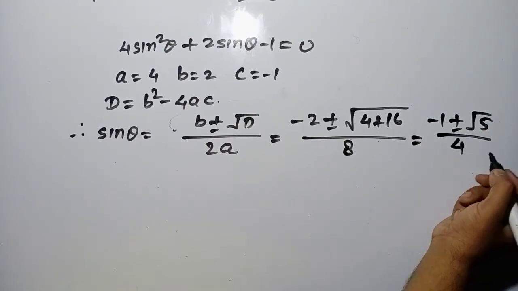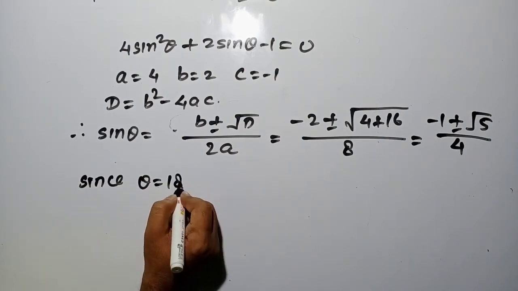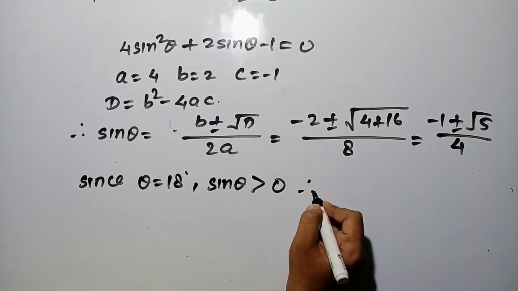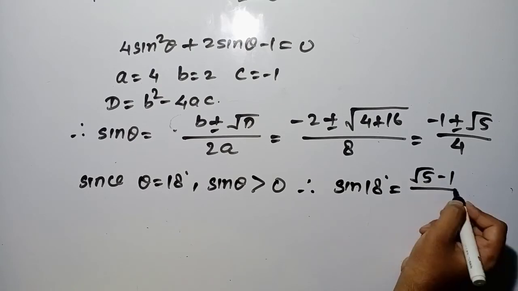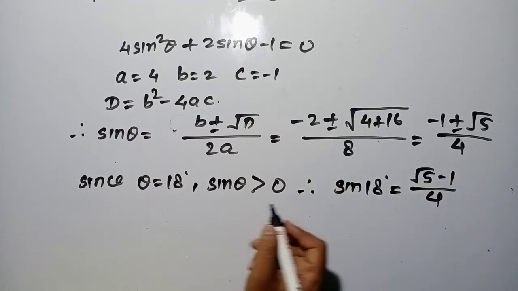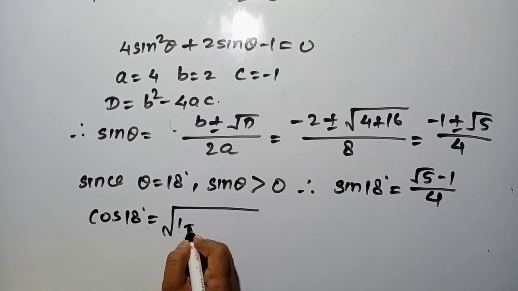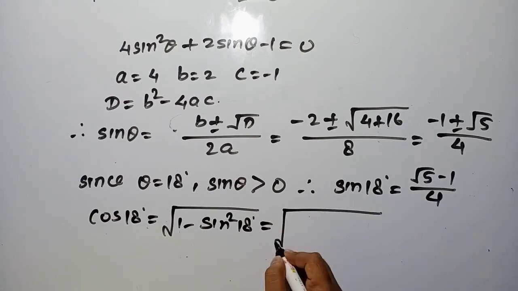So now simplifying these things, we are getting the value of sine theta at 18 degrees. Because sine 18 degrees is greater than 0, that's why we will consider the positive value. So the positive value will be root 5 minus 1 divided by 4. Similarly students, we can find out the value of cos 18, which will be equal to the square root of 1 minus sine square theta.